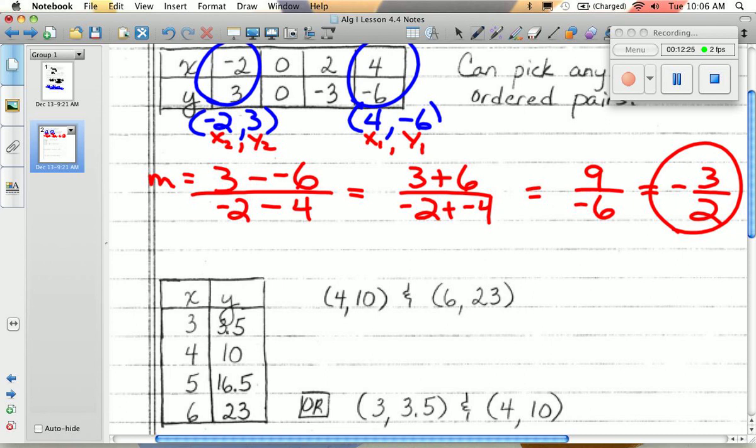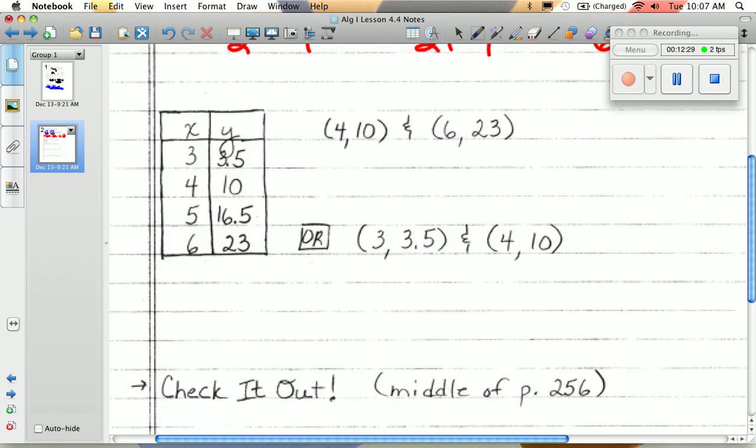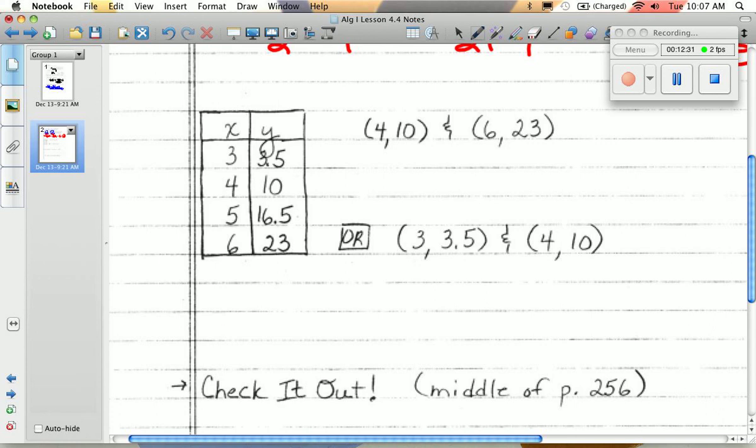Okay, now notice what I've picked from this next one. I've picked 2 different sets of ordered pairs out of that table, and I want us to do both of them. I want us to find what's the difference between just randomly picking some points. So let's just all do them.